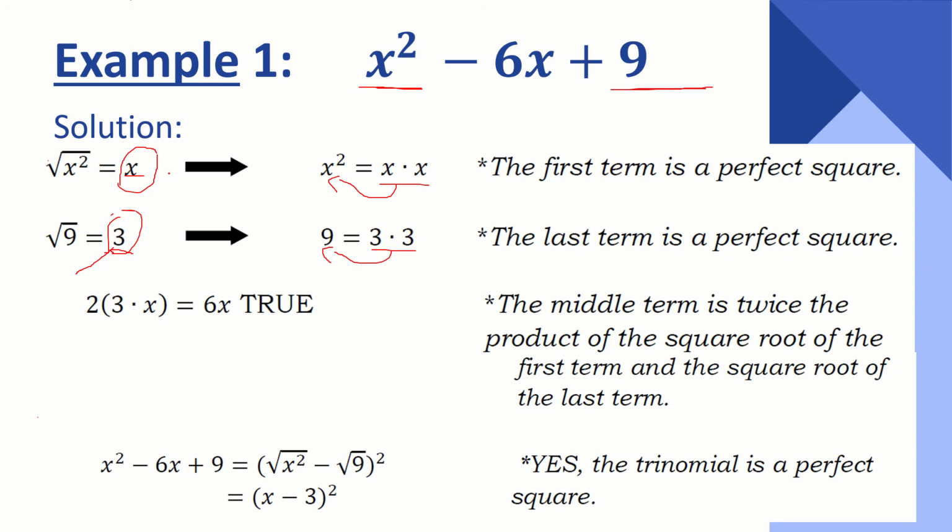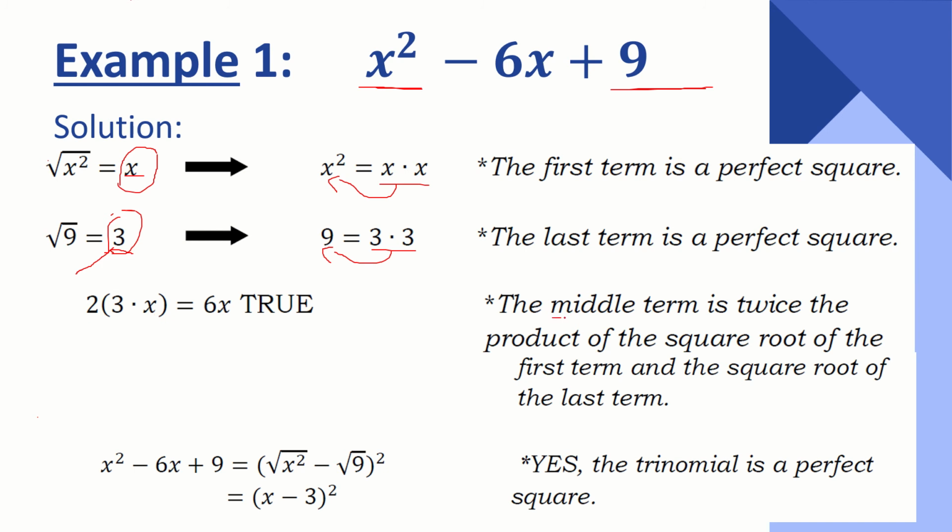So meaning, i-multiply nato si atong first term, which is x, ug atong last term, which is 3. So 3 times x is 3x.